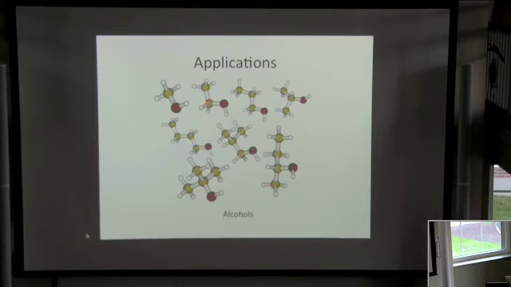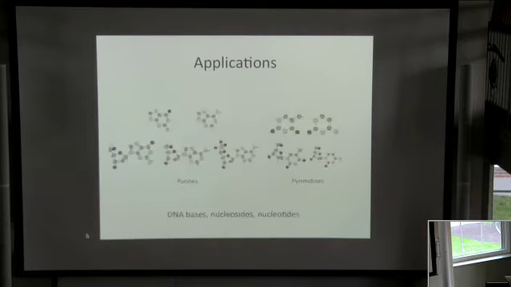The reason for our interest in this is that we have a collaboration with a Brazilian group, and they're interested in understanding the ignition step in alcohol engines. As many of you know, when you run an alcohol engine, the temperature of the engine is not very high, so you don't think you're going to have electrons running around. However, the ignition step is a matter of sparks, and to model that, we were interested in understanding some of these collisions. So this is an example of some of the applications that we've done.